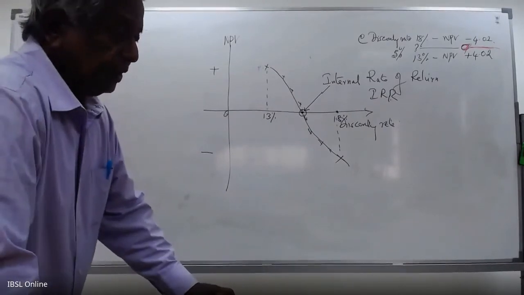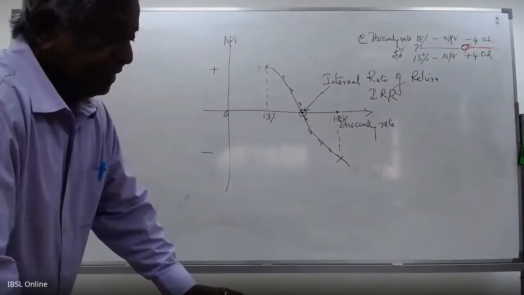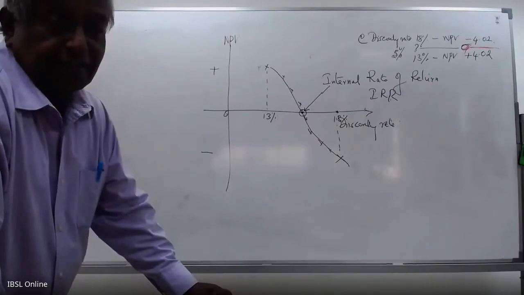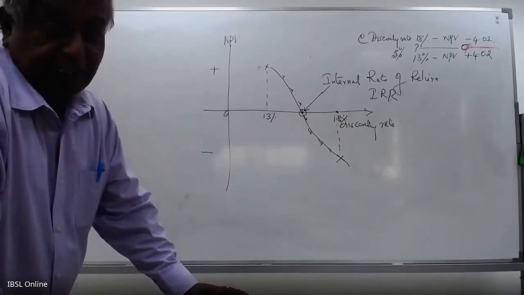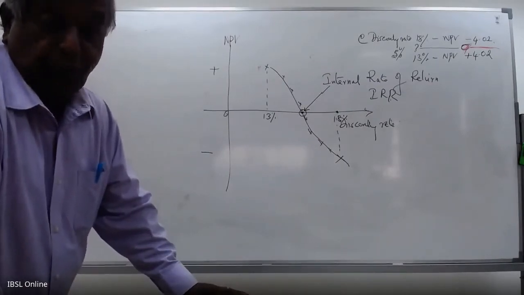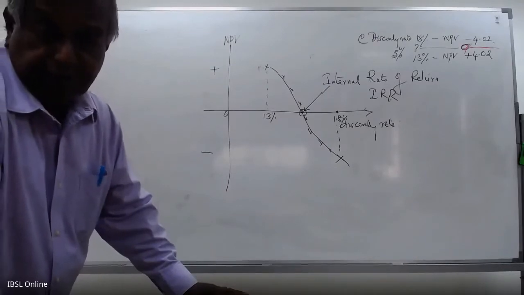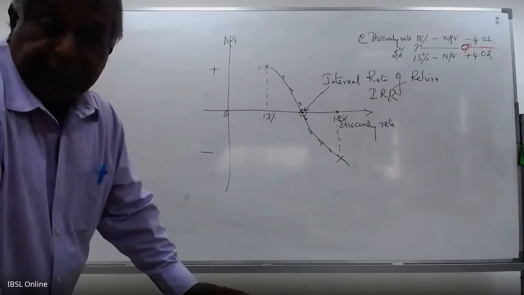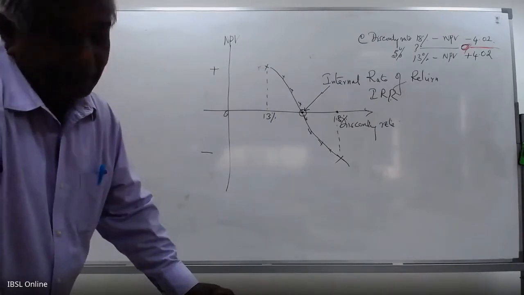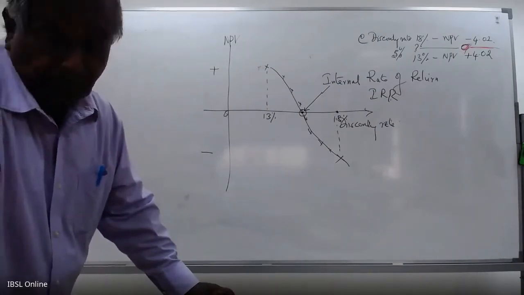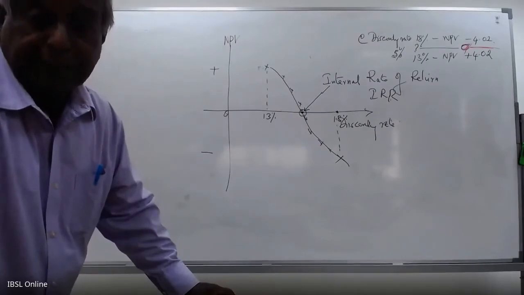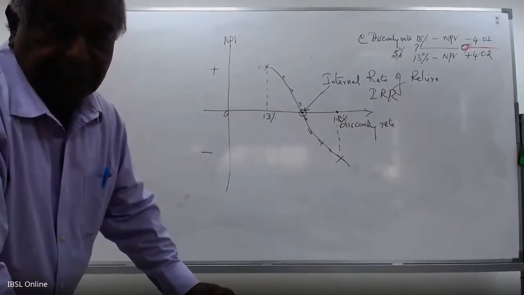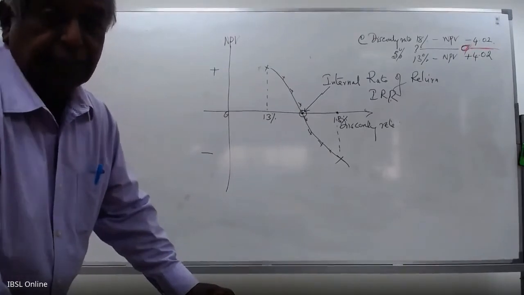So if the borrowing interest rate is equal to the IRR, the project is neither positive nor negative: no gain, no loss, no profit, no loss point.